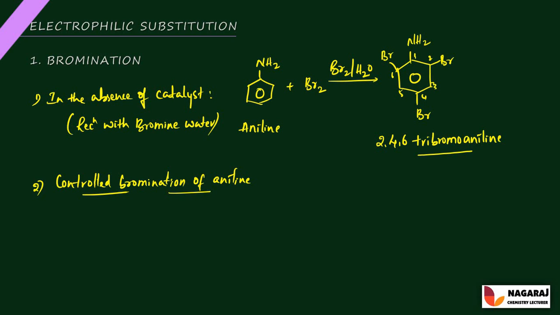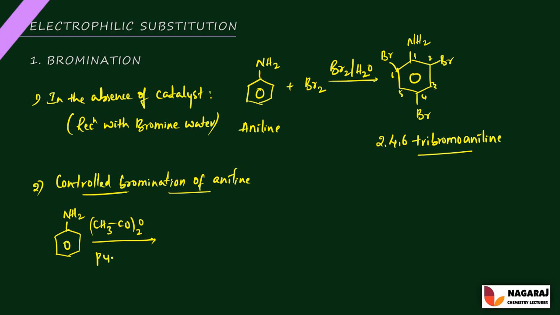So aniline undergoes acetylation. Aniline, C6H5NH2, is treated with acetic anhydride, CH3CO twice with an oxygen between.